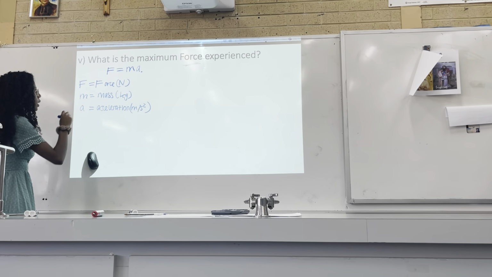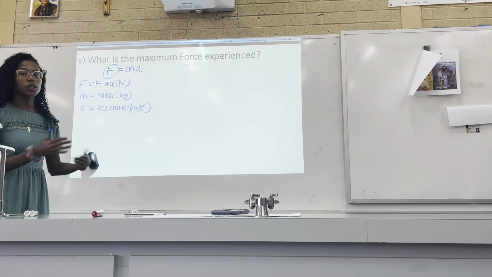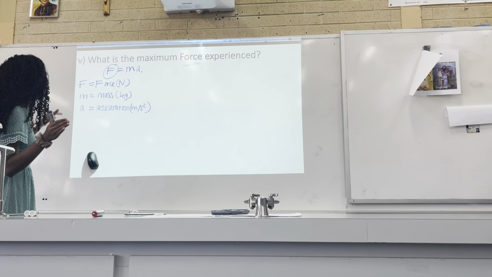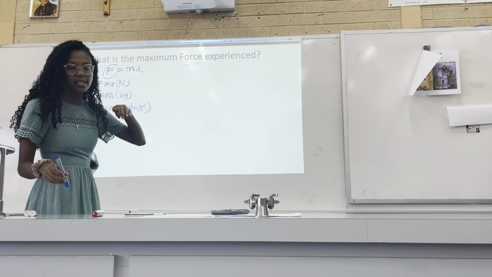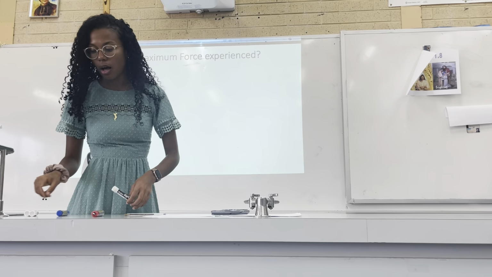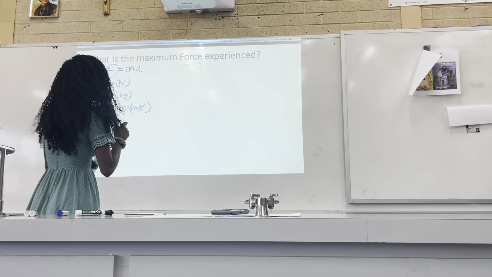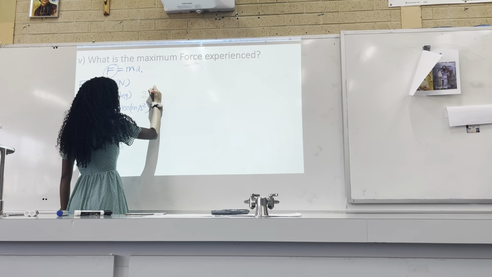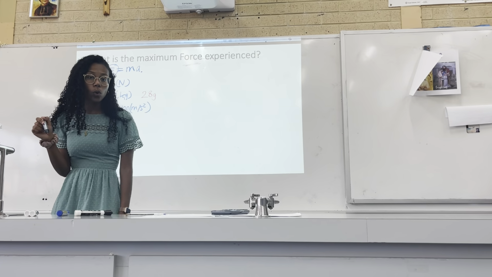We are looking for the force, so we don't need to rearrange the equation. But it's asking us to look for the mass, in this case the mass of the rocket. I've already calculated the mass of my rocket, and it's 28 grams. However, that's not the full mass.